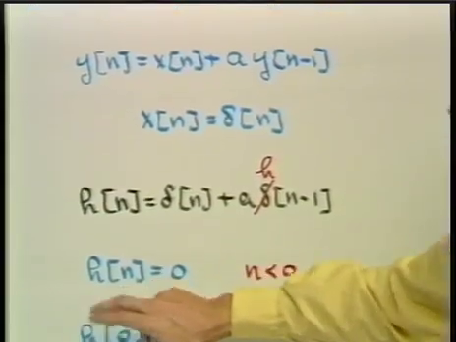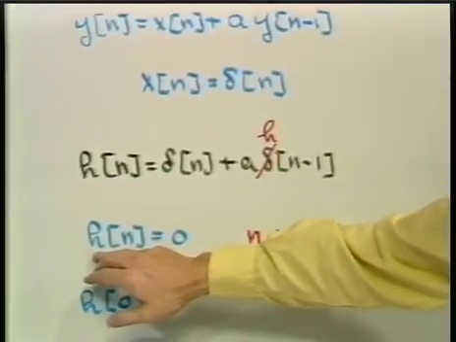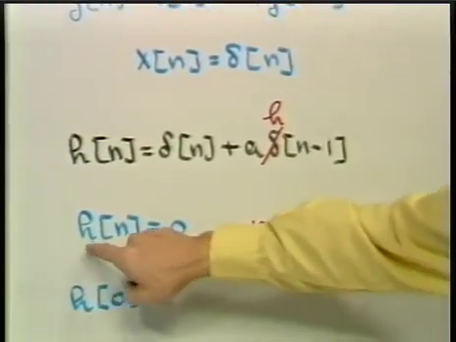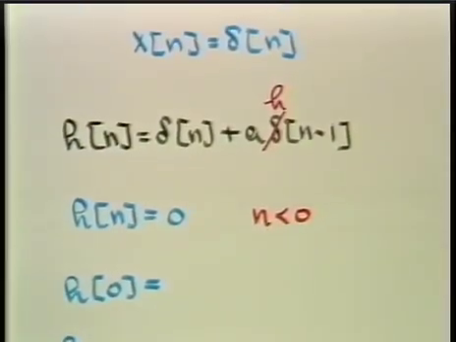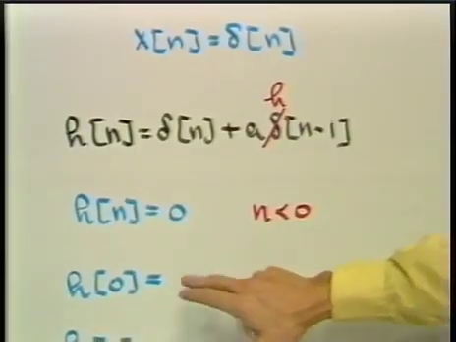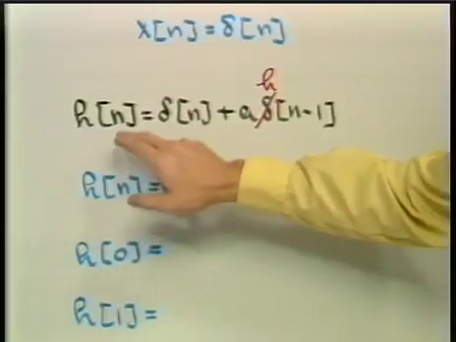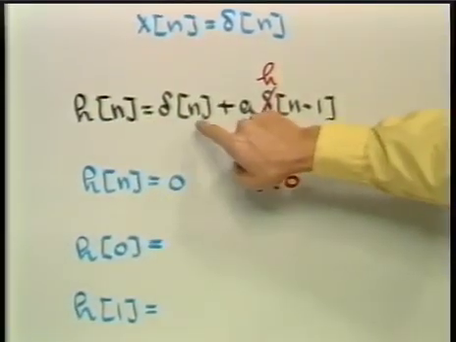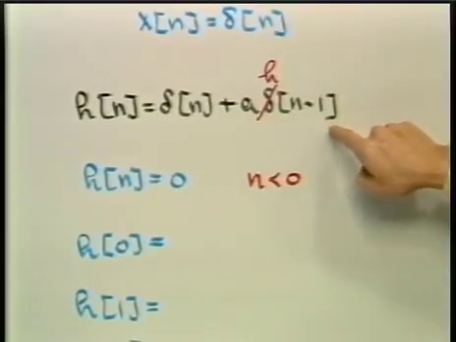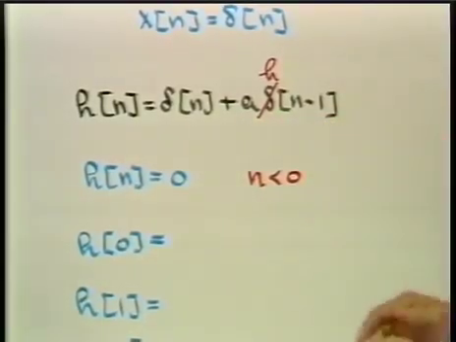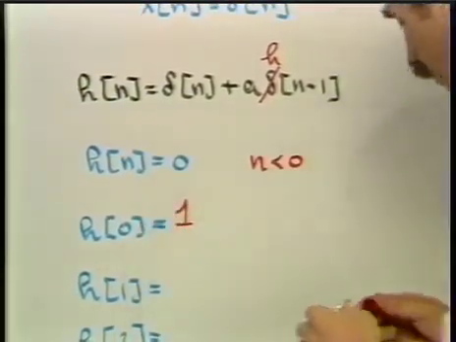Now, from initial rest, we know that since the input, namely an impulse, is 0 for n less than 0, the impulse response is likewise 0 for n less than 0. And now let's work out what h of 0 is. Well, h of 0 with n equals 0 is delta of 0 plus a times h of n minus 1. h of n minus 1 is 0. And so h of 0 is equal to 1.